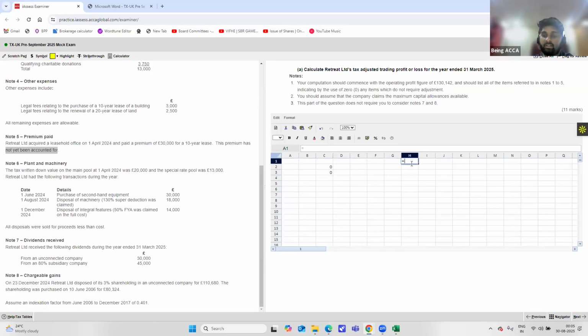It will be 30,000 minus 30,000 into 2% into 9. Correct? 10 minus 1 is 9. That's how we do it. So 5,400 is the amount.